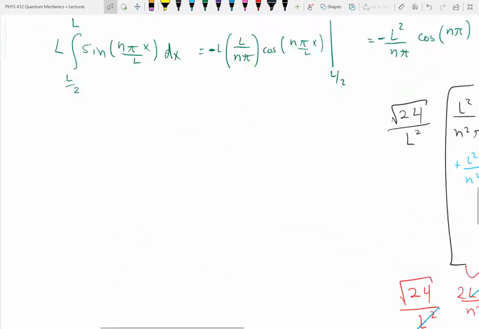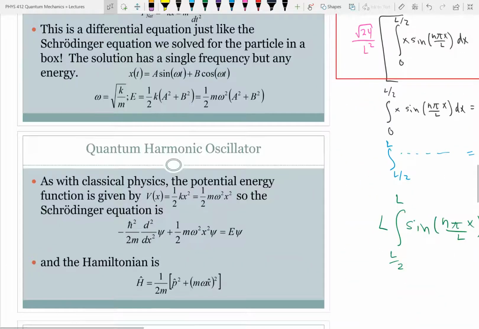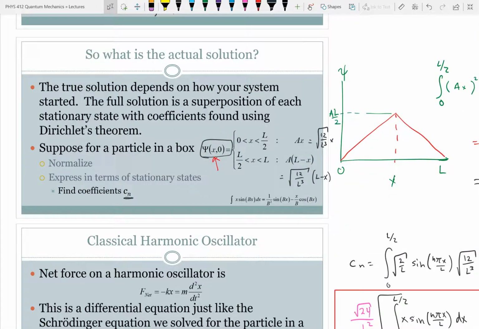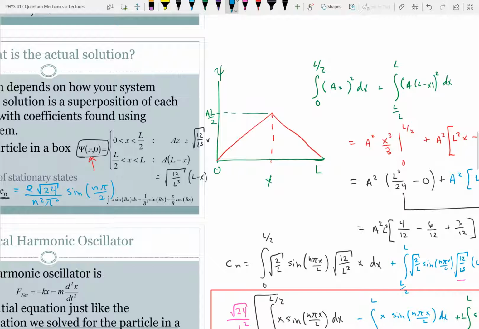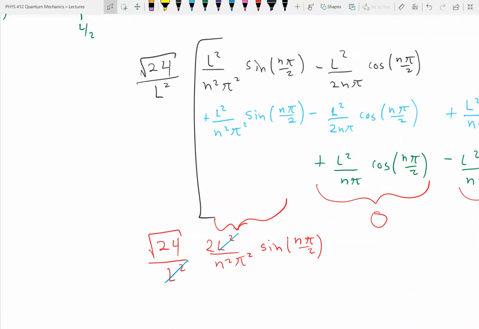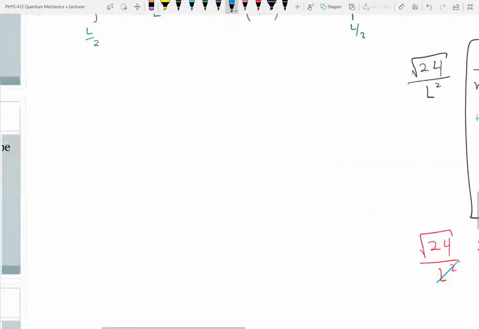And we have, in the end, coming all the way back, Cn is equal to 2 times the square root of 24 over n squared pi squared, sine of n pi over 2. Right, just going back to make sure I copied that right. Sine of n pi over 2, n squared pi squared on bottom.